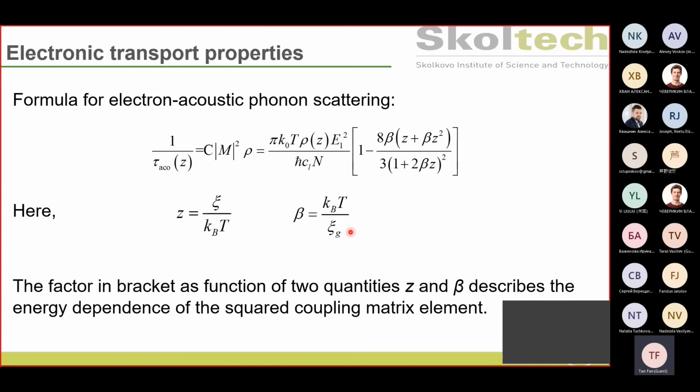For other scattering processes, I think the results are similar. In our program, I can only include scattering from acoustic phonons, polar optic phonons, and ionized impurities.